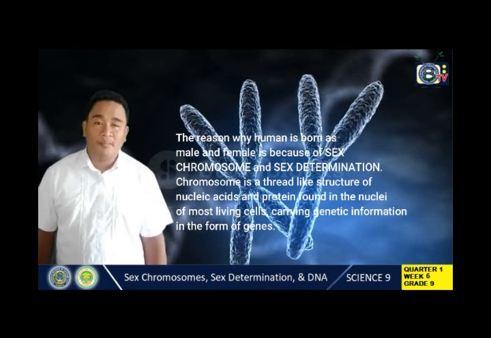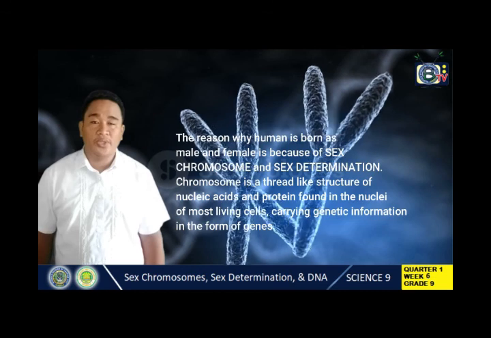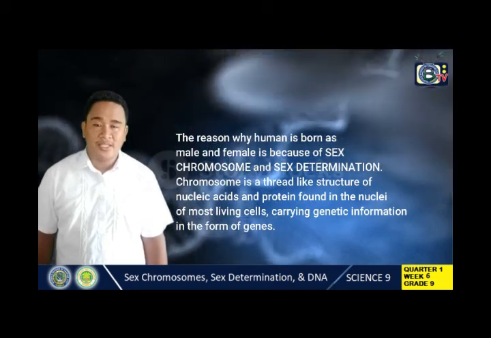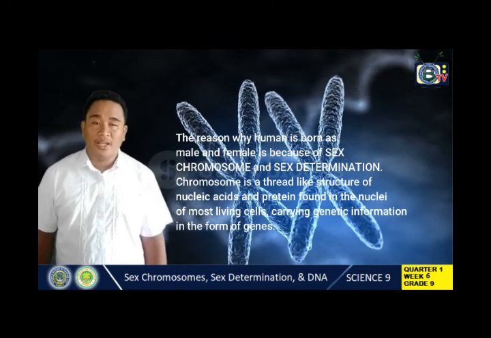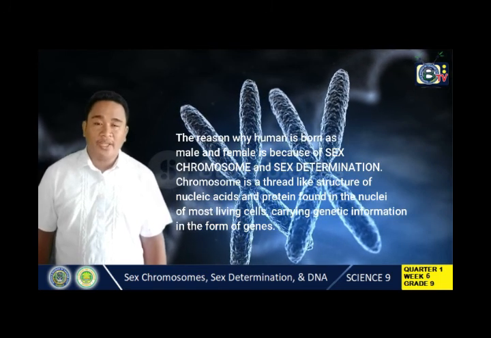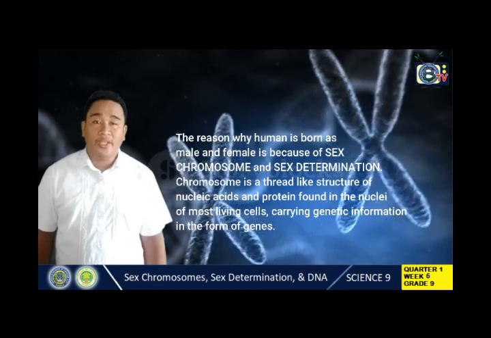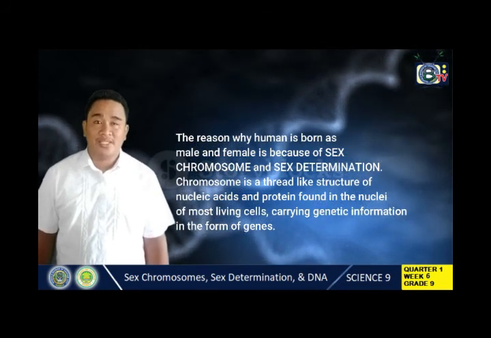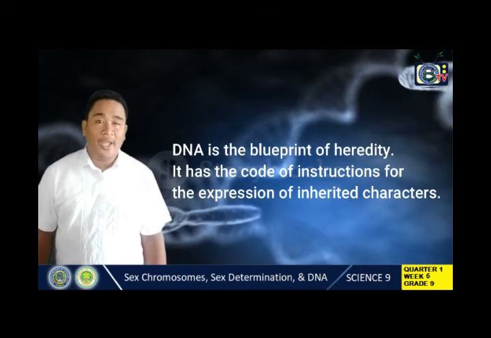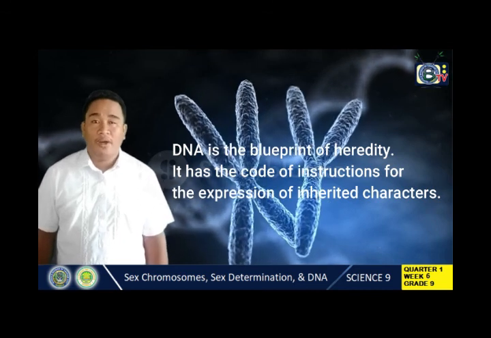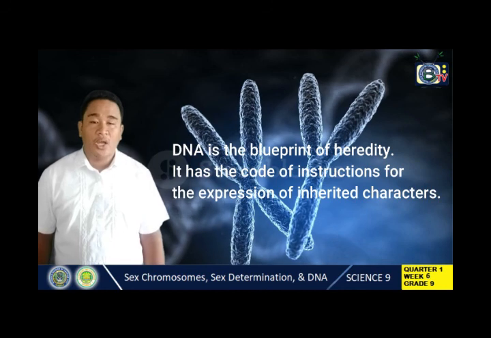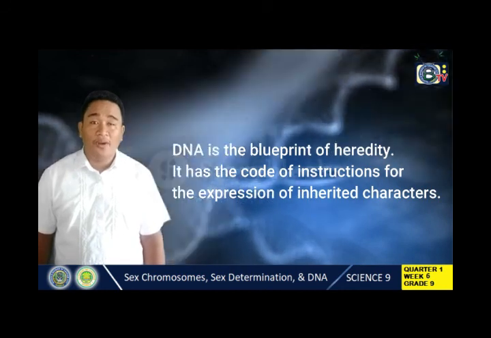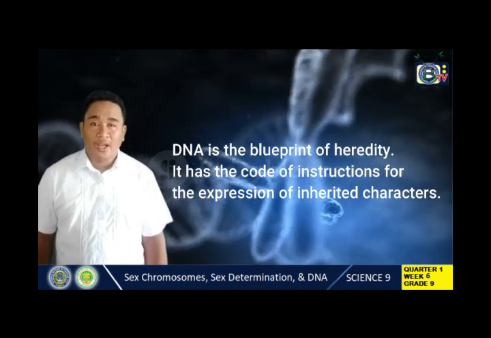And a chromosome is a thread-like structure of nucleic acids and protein found in the nuclei of most living cells, carrying genetic information in the form of genes. And DNA is the blueprint of heredity. It has the code of instructions for the expression of inherited characters.